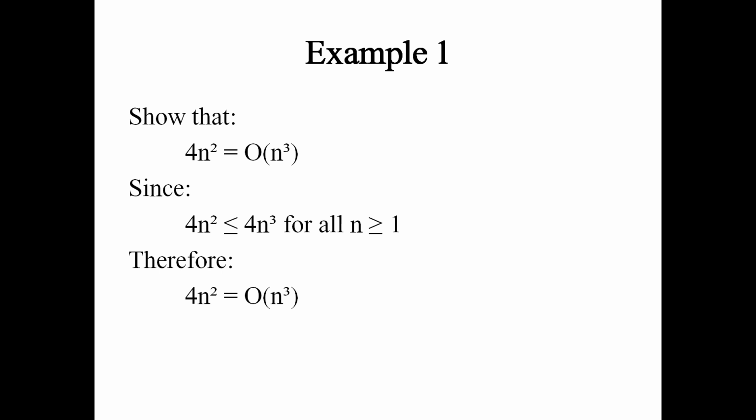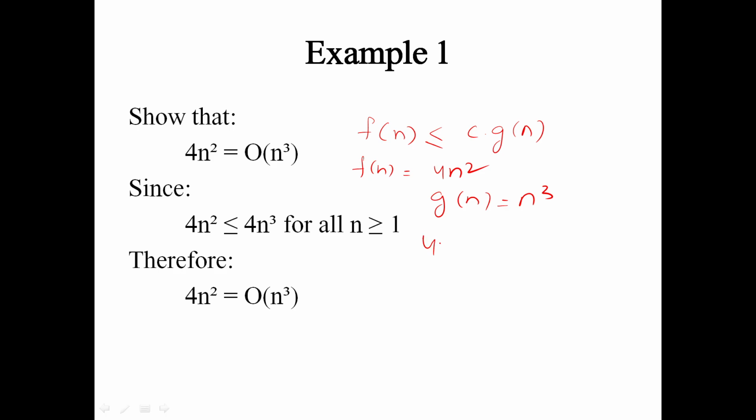So here we want to prove that 4n square is equal to order of n cube. According to the definition, f of n is always less than or equal to c into g of n. So let f of n is equal to 4n square, g of n is equal to n cube.